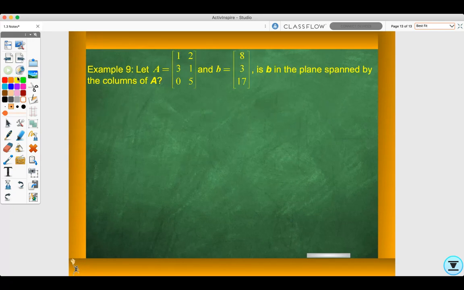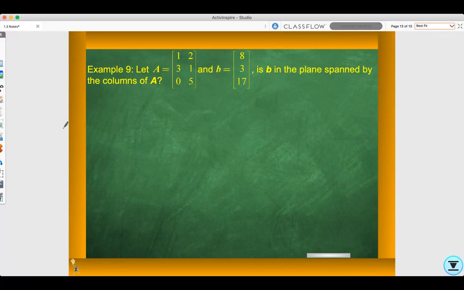Example 9. Let A equal the matrix with columns (1, 3, 0) and (2, 1, 5), and b be (8, 3, 17). Is b in the plane spanned by the columns of A? What we need to do is determine, after I run my augmented matrix, if x1 and x2 exist. If they exist, then b is in the plane. If they do not exist, it is not in the plane.